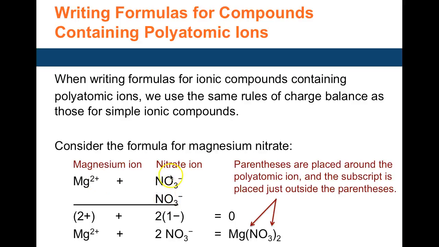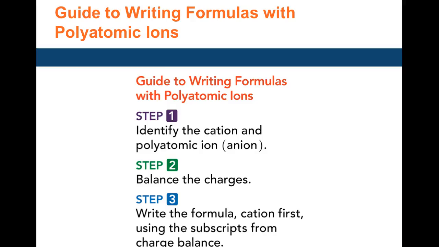So you need 2 nitrates to balance out the 2 positives on magnesium. So when you write the formula, you write it as Mg and then you put parentheses around that nitrate formula and then put a subscript of 2. If you didn't have the parentheses, it would look like there were 32 oxygens, and that would be incorrect.